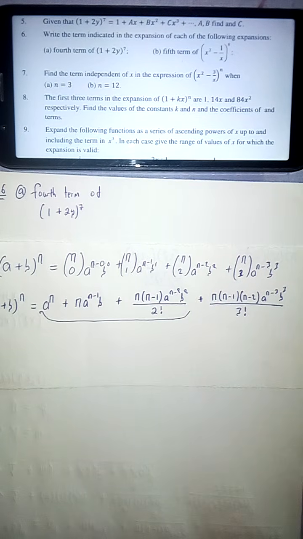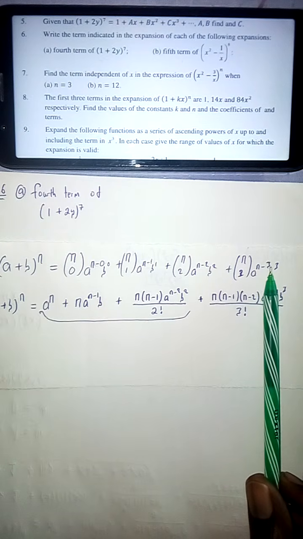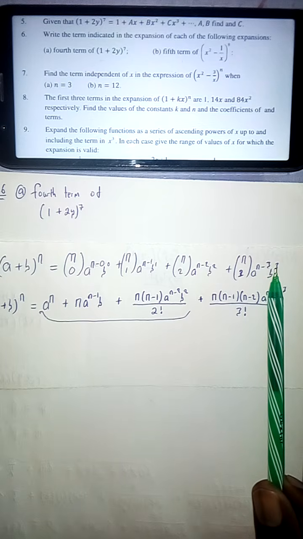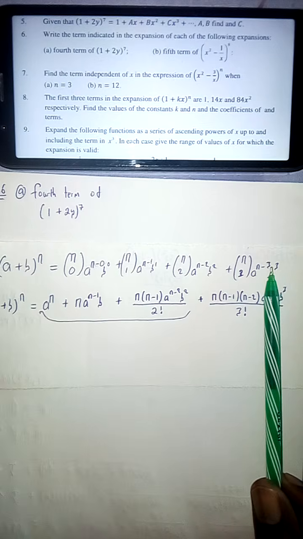When you have, for example, a power of 3, it means that that is the fourth term. In other words, the number of the term will be ahead of the power by 1.